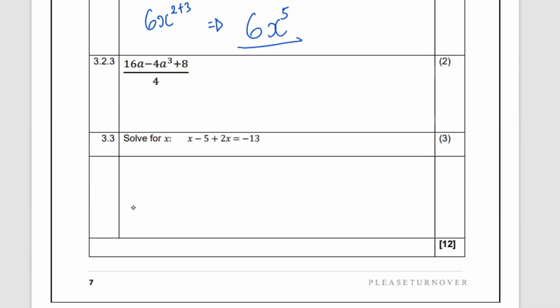Then 3.2.3. They want us to divide expressions. So the rule for this is that you must split up, okay? Everything that is on top must share a bit of the denominator. So it's going to be like 16a divided by 4 minus 4a cubed divided by 4, then plus 8 divided by 4.